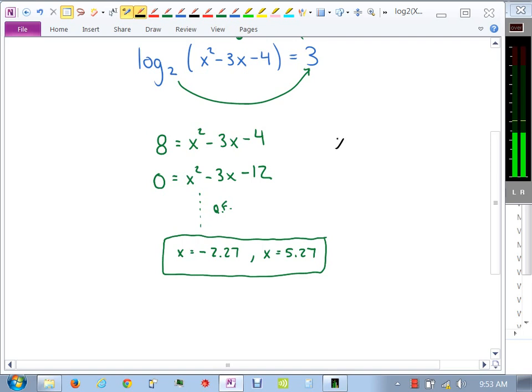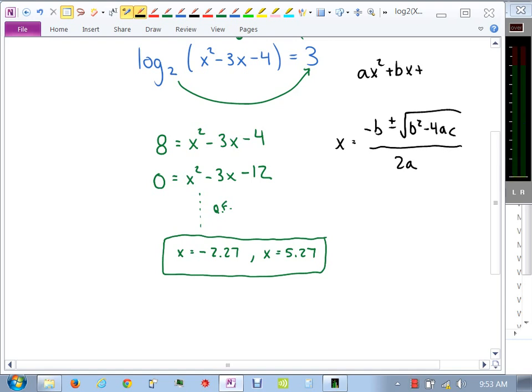And in case you've forgotten what it is, that's how you find the solutions to a quadratic that looks like that, right? You have ax squared plus bx plus c equals 0. The solutions are x equals negative b plus or minus all that stuff. You've done all that. We've done that. We're happy with that? Okay.